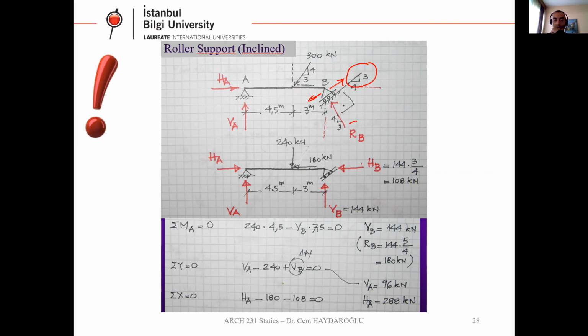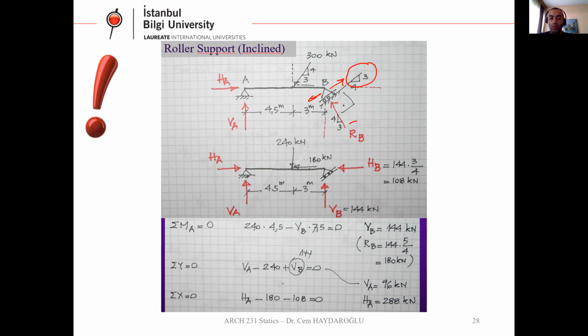Here also, we resolved this RB to perpendicular components, and we get two reactions. Actually, for roller supports, we have only one support reaction, which is RB. We don't have any support reaction in the motion direction. But RB is in a sloped direction.